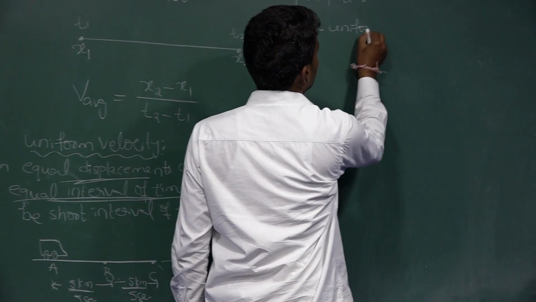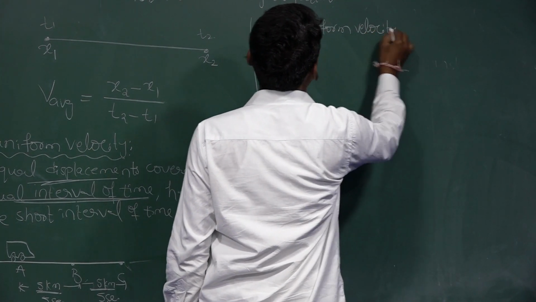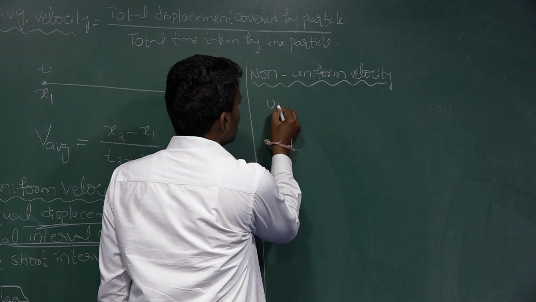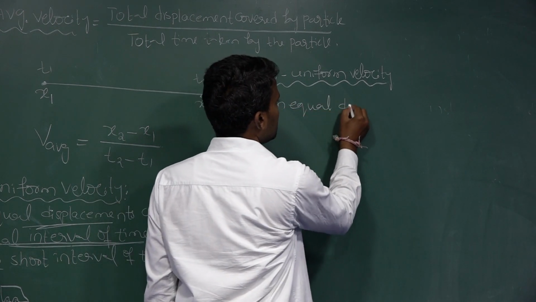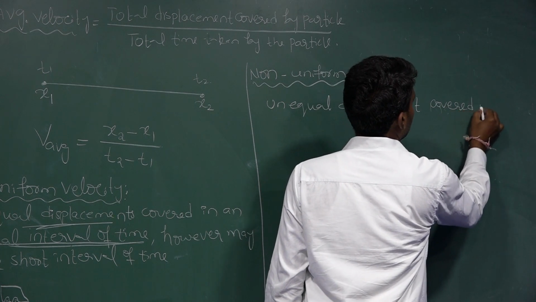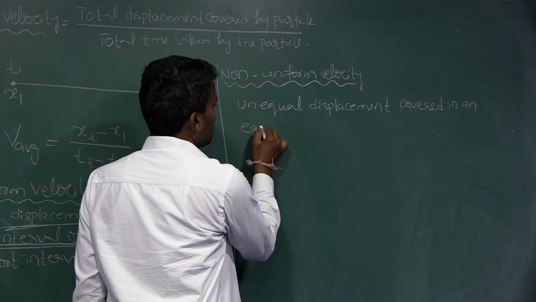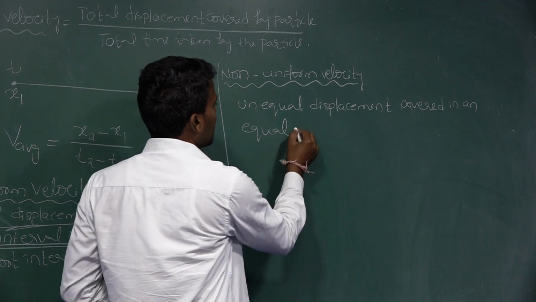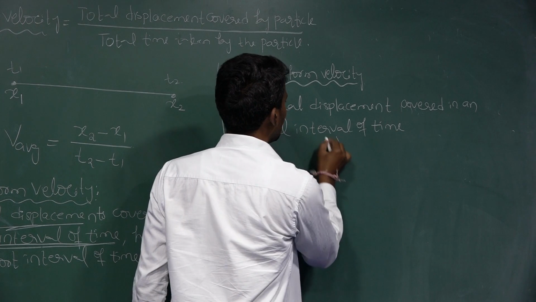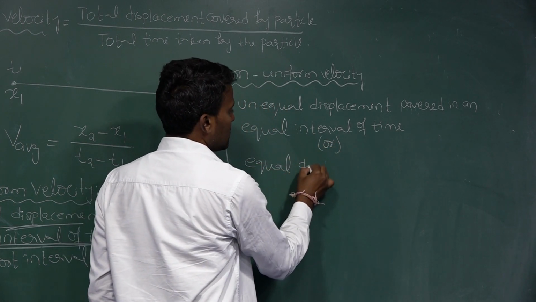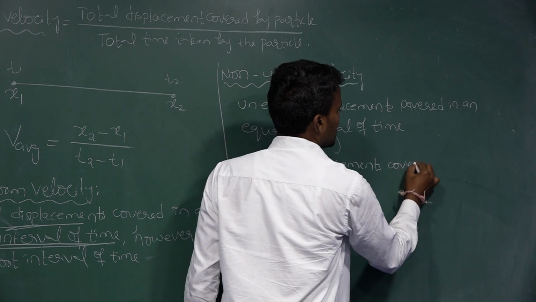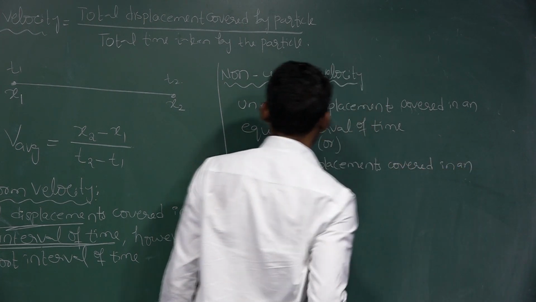What is the definition of non-uniform velocity? It is nothing but unequal displacements covered in an equal interval of time, or equal displacements covered in an unequal interval of time.